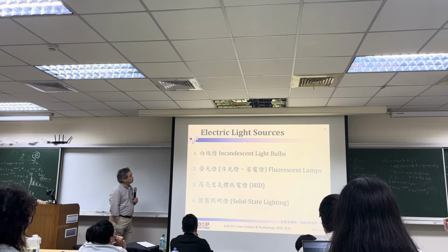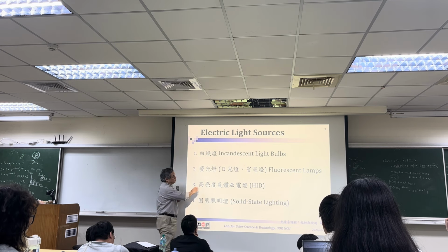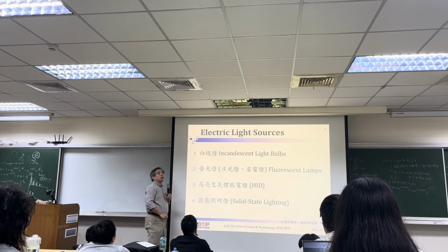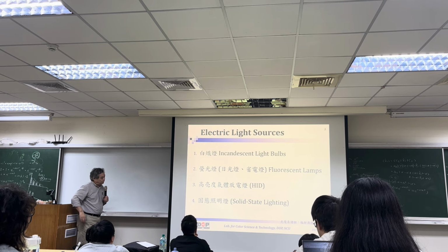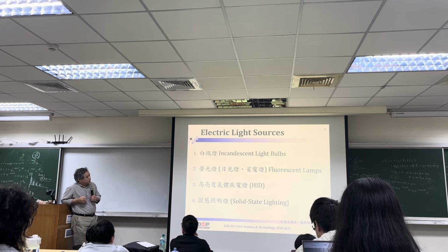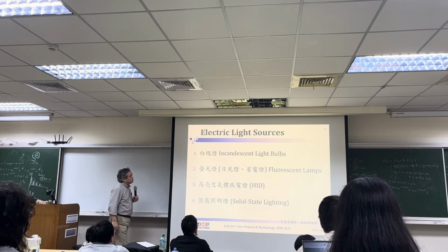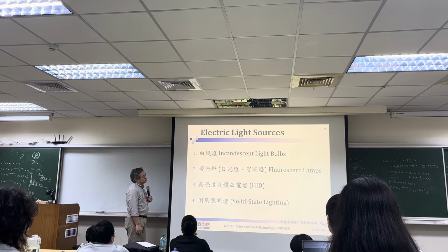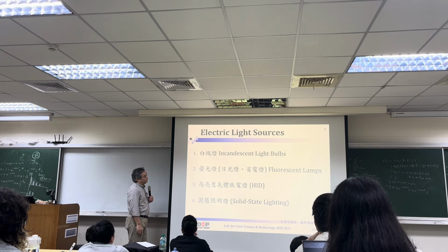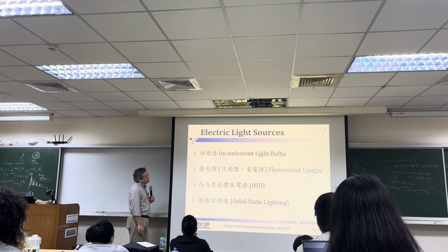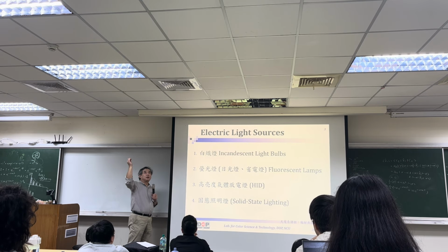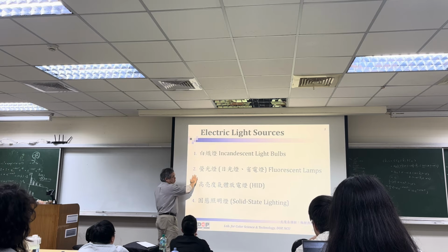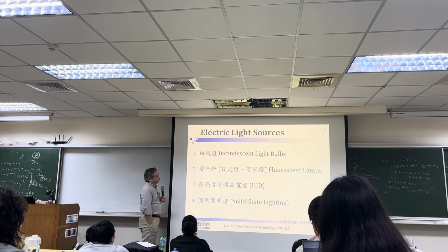Okay. And the fluorescent lamp, these are already transferred into LED light. Maybe 5 years or 10 years ago, when you saw a light tube, most of them were fluorescent lamps.